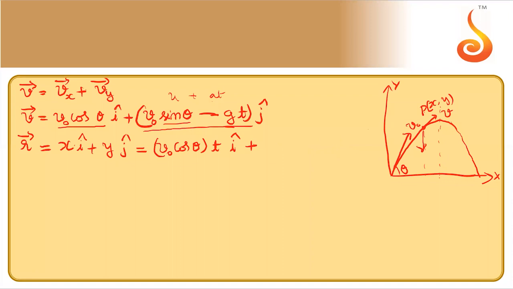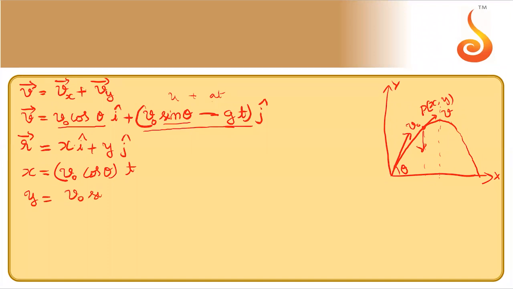Okay, shall do one thing. We'll do it a little in detail. So x is equal to what? Horizontal displacement. This is v naught cos theta into t. But y is equal to what? v naught sin theta into t minus half g t square. Correct?